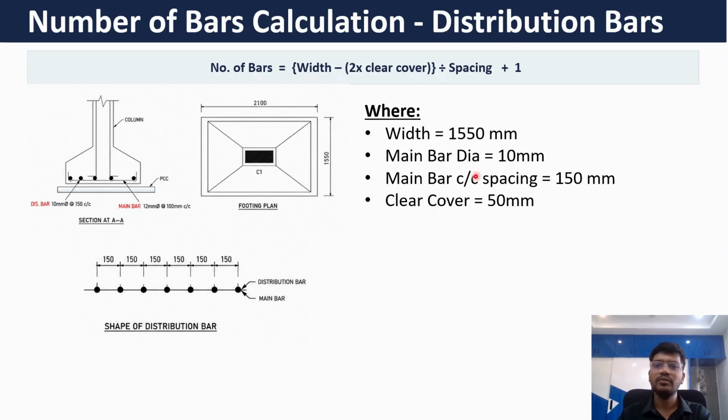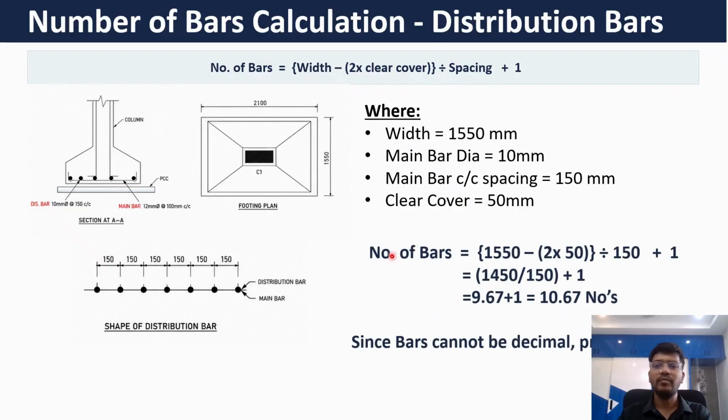So let's substitute these four values to get the number of bars. So number of bars equals 1550 minus 2 times of 50, divided by 150, plus 1. 1450 divided by 150 plus 1, which is equal to 9.67 plus 1, which will come as 10.67 number. Since bar cannot be decimal, the number of bars required will be 11 numbers.